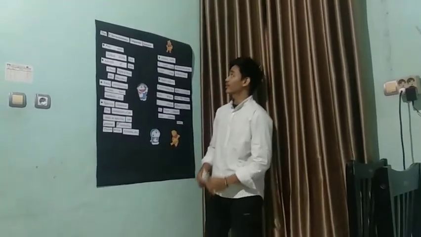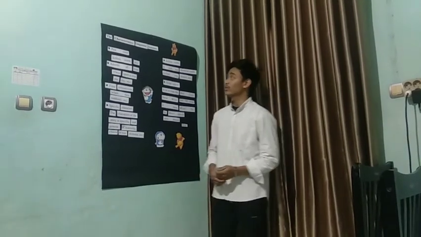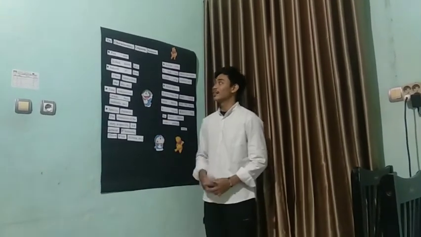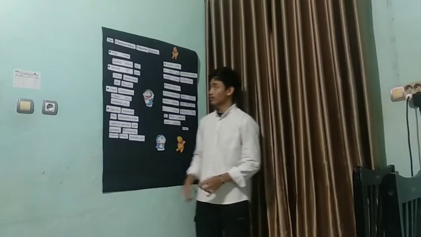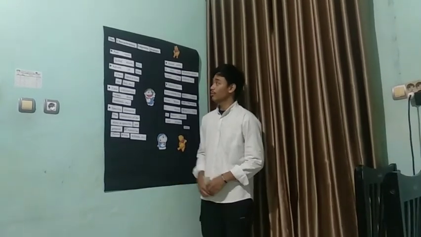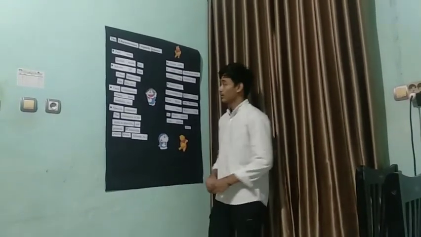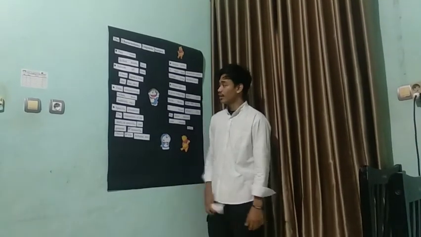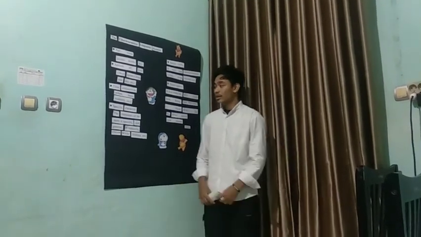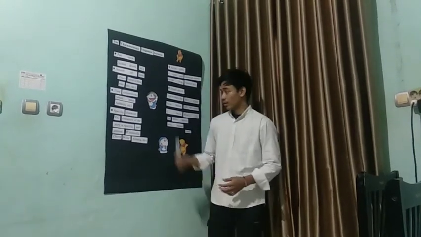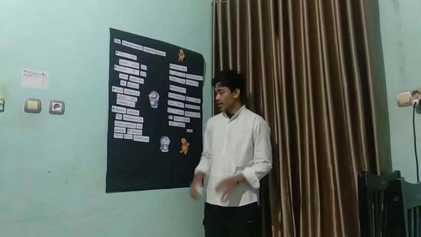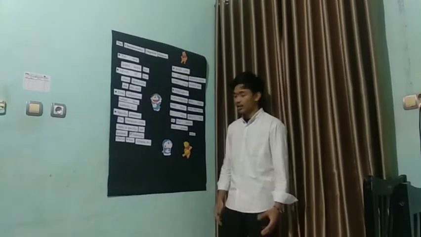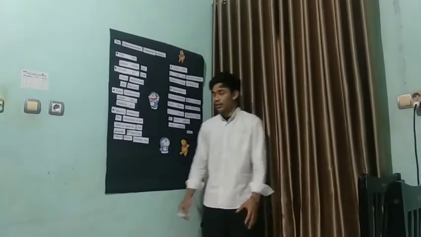And then the characteristics or linguistic features of narrative text: using past tense, killed, drank, and others. Also using adverbs of time, once upon a time, one day, the day before yesterday, and also time conjunctions: when, then, suddenly, and others. Specific characters. The characters of the story are specific, not general, like Cinderella, Snow White, Alibaba, and others.